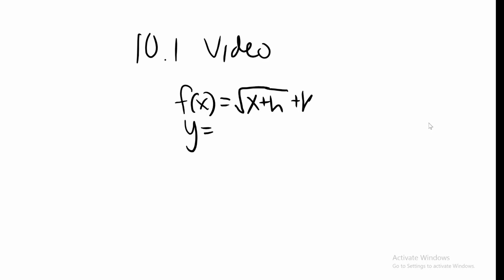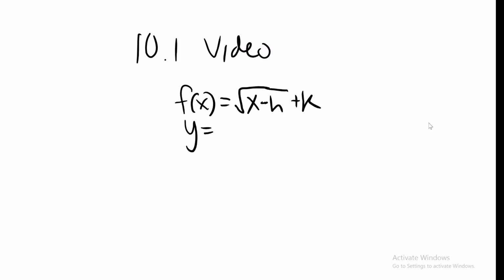But I'm going to start off by just writing the generic version, f of x or y equals. It doesn't matter which one of these you use, one of them's in function notation, and we're going to be leaning on function notation a decent amount this unit. But the general form is y equals square root of x minus h plus k.